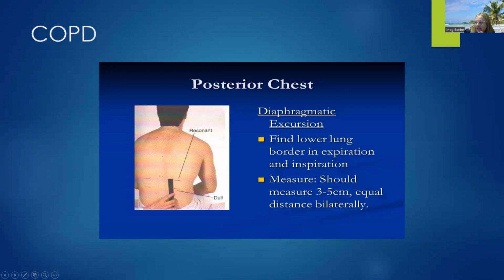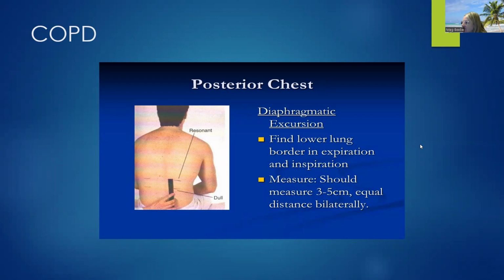Okay, this is what we're looking at if we've got a patient that we're assessing the posterior chest for diaphragmatic excursion. Diaphragmatic excursion kind of shows us where we're getting a good lung sound. And again, I'm going to link a short video that shows how this is measured.